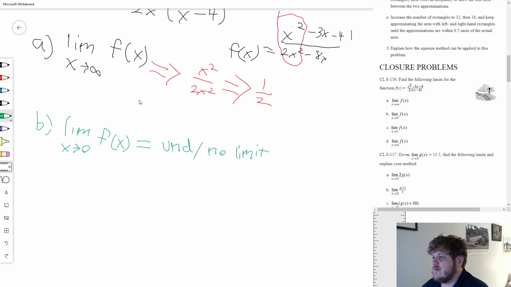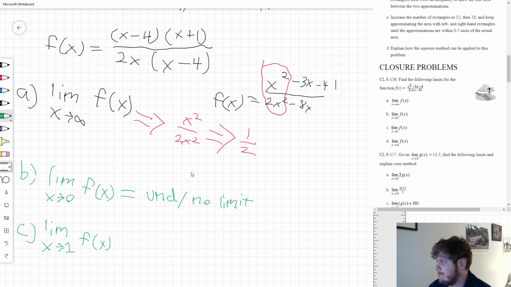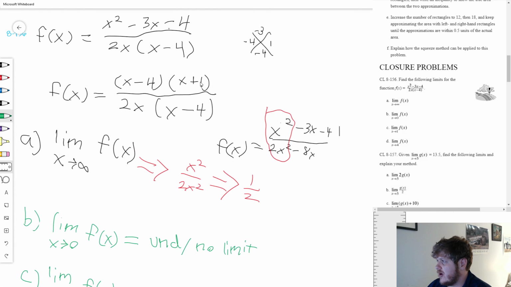And then we are going to move on to C, which would be limit as x approaches 1 of f of x. Now, if I scroll back up briefly, we have a 1 right here.